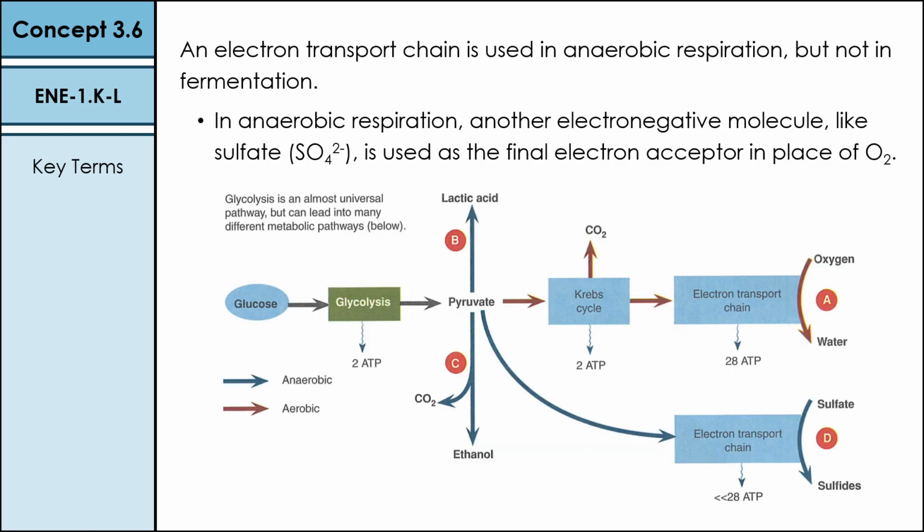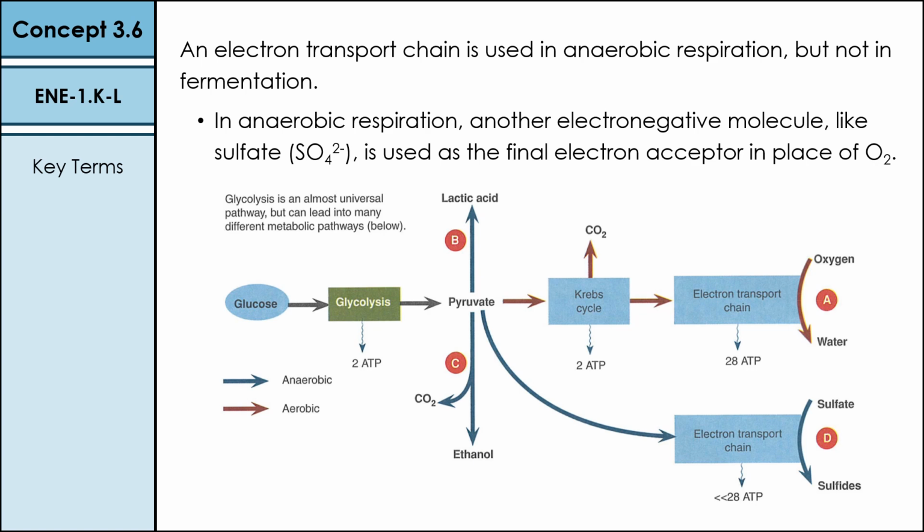So we'll start with probably the least well known of the two processes that we're going to discuss, and this is anaerobic respiration. Anaerobic respiration is an alternative pathway that can be used to make a lot of ATP, at least more so than glycolysis, but it's going to use another molecule to accept those final electrons instead of oxygen gas.